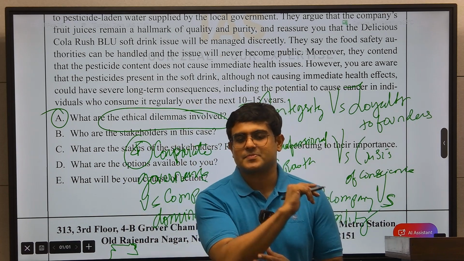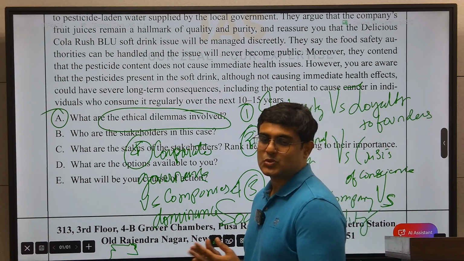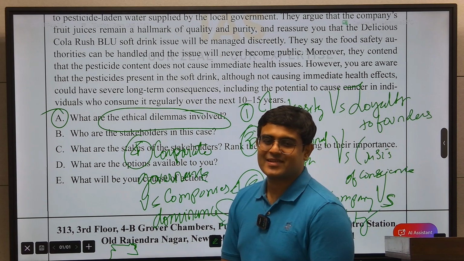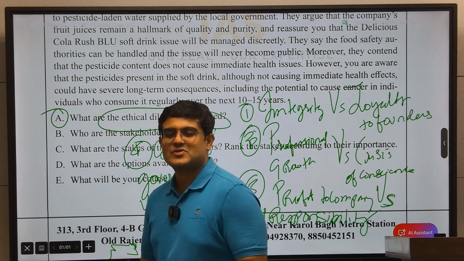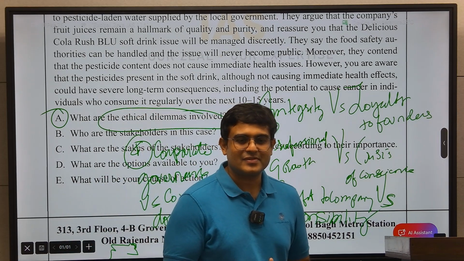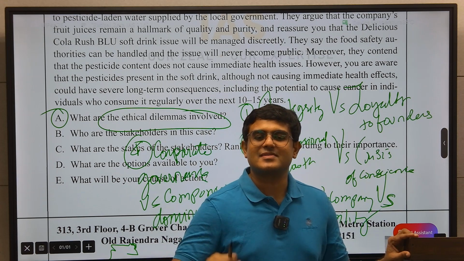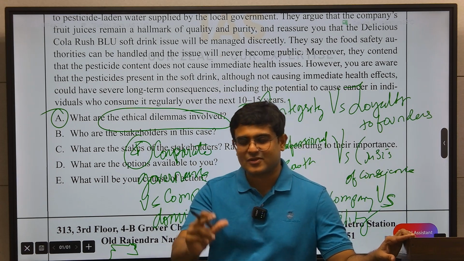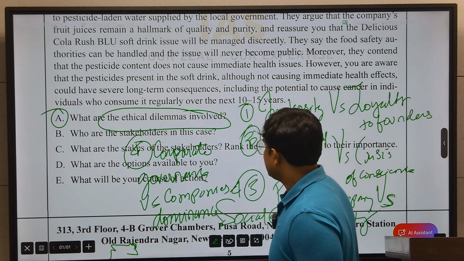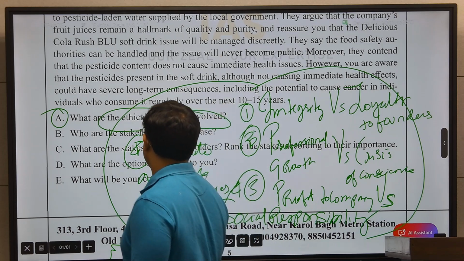Corporate governance has two aspects: following rules and values. So rules too are not followed. The founders are saying we'll manage the authorities. And values means business with ethics, values of benefiting all, not just shareholders but all the stakeholders. The people drinking the cold drinks are stakeholders. In 10-15 years down the line, they will get cancer. So these can be the ethical dilemmas involved.